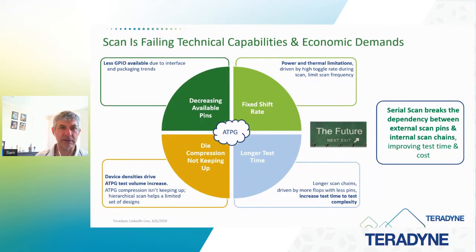I didn't want to speak there because it doesn't necessarily show exactly what happens underneath that. And so this is maybe the next level of detail below that, and why is scan failing, the technical capabilities and growth curve, and economic demands of testing parts.